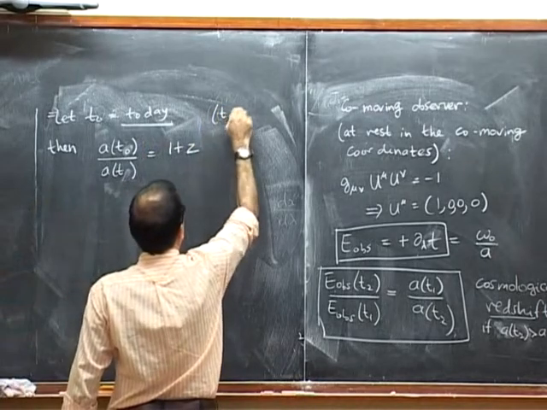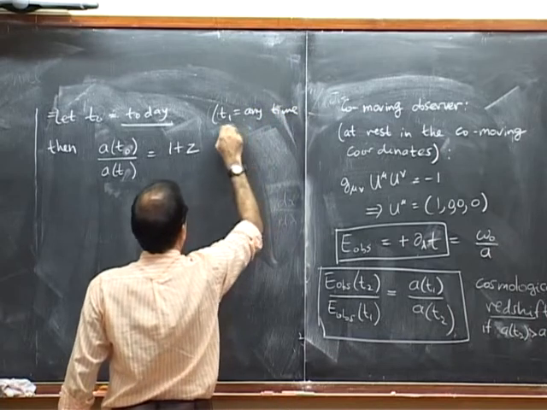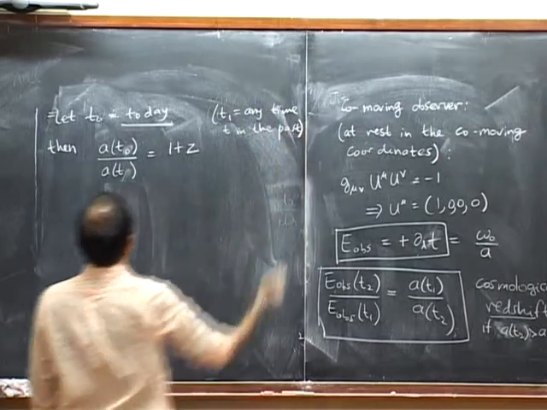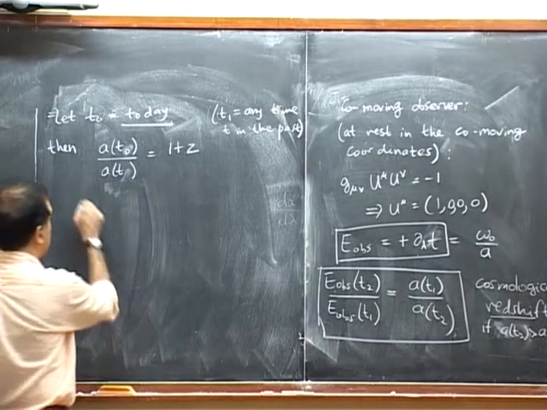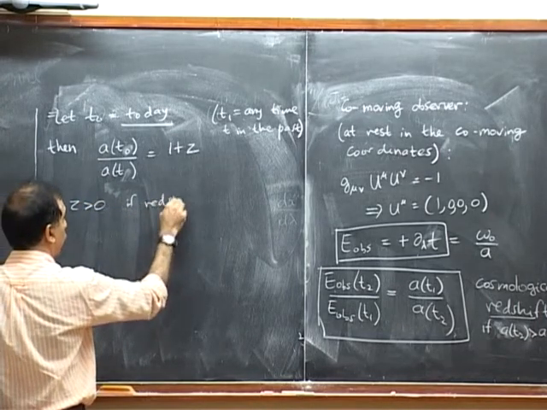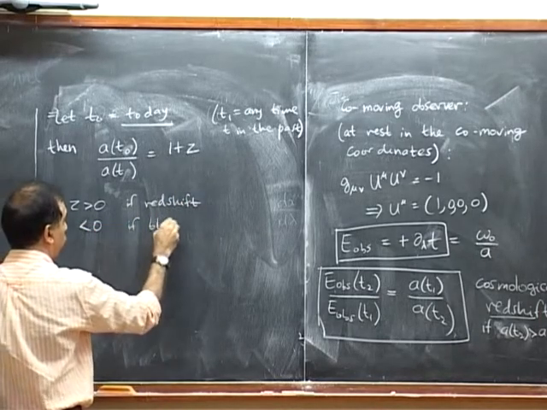T is any time in the past, and T0 is today. Then A of T0 over A of T, just plug those things in there, is 1 plus Z, and Z is greater than 0 if redshift, and less than 0 if blueshift.